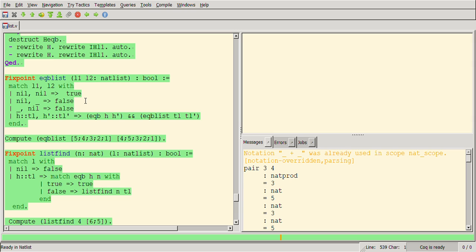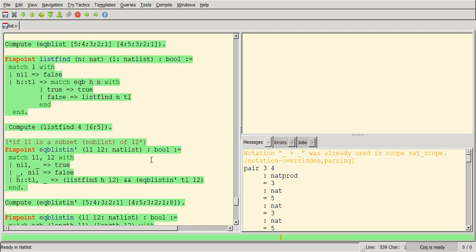This function defines that two lists are equal to each other only if they have the same length, and if the elements at the corresponding positions are the same. For example, in the first list here we have 5, so in the second list we should also have 5, and the second element is 4, so the second element should be 4, and so on for all the elements. Then the two lists would be considered equivalent.